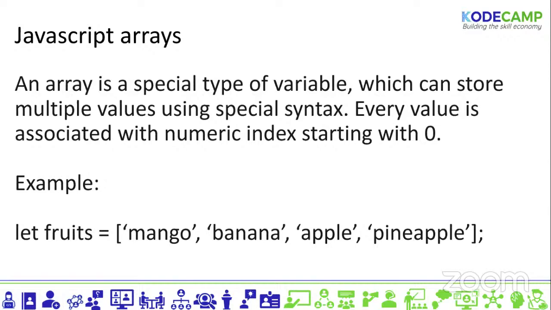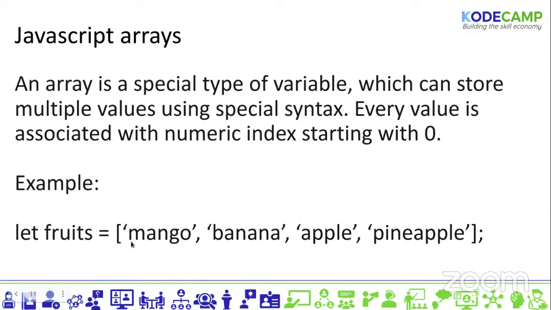An array is kind of like a list, but as a human being, you don't start listing by writing 0 as the first element. In programming, this mango has an index of 0, banana has an index of 1, apple has an index of 2, pineapple has an index of 3.